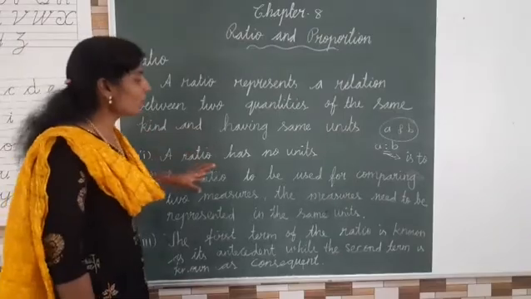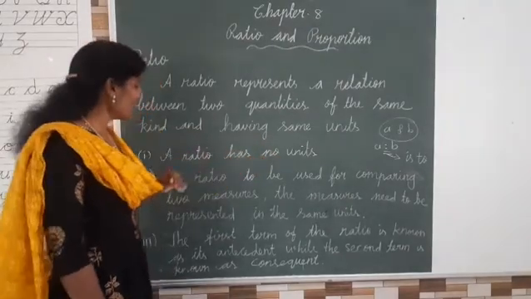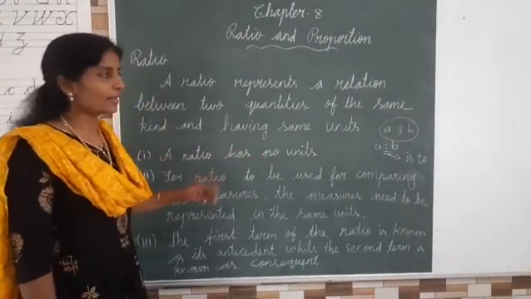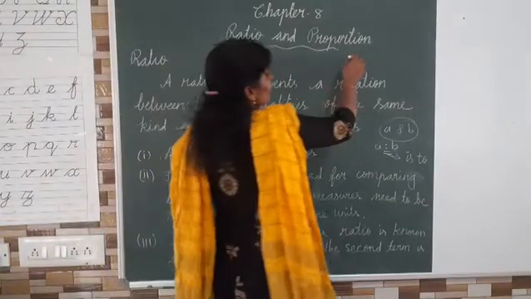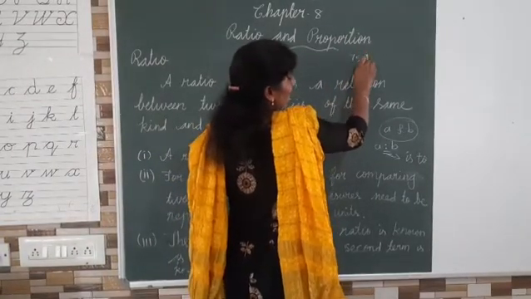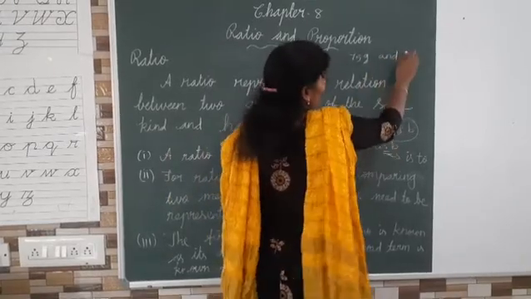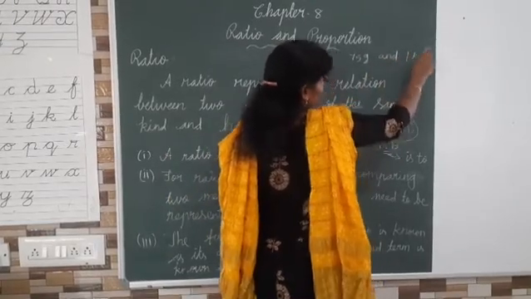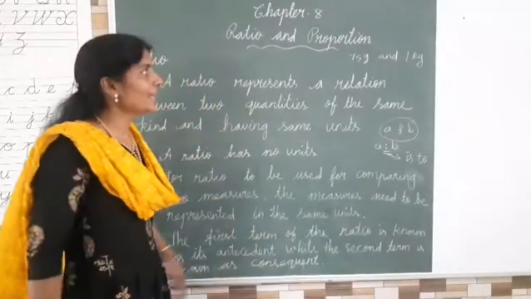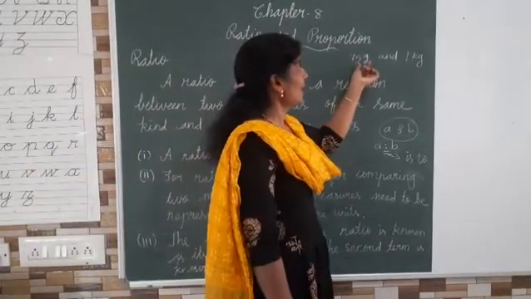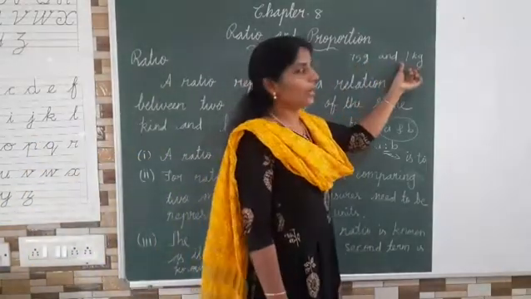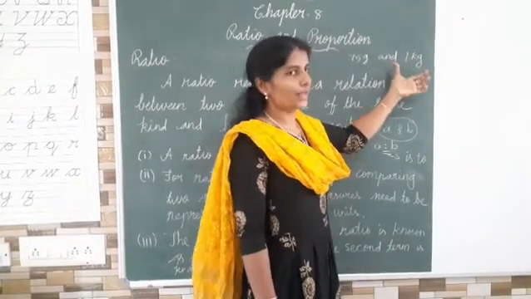Suppose the ratio is to be used for comparing two measures. For example, 75 gram and 1 kg. Listen here: this unit is gram, here kilogram, different units.